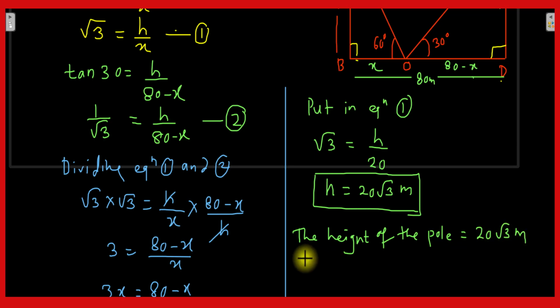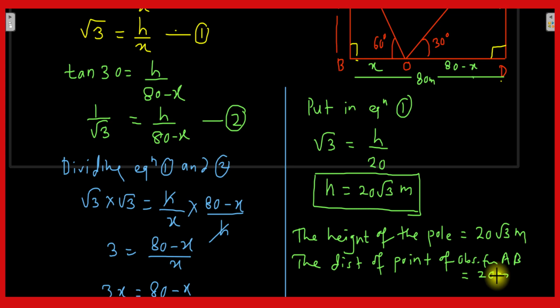And also the distance of O, the point of observation, from AB is equal to 20 meter.